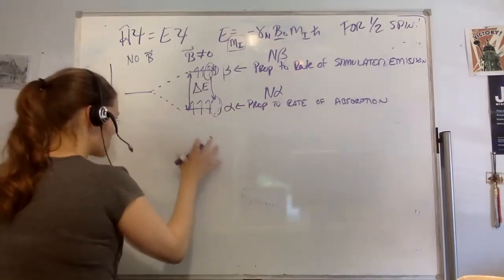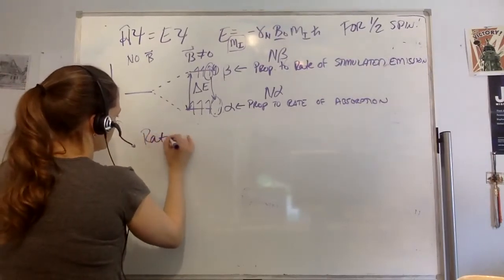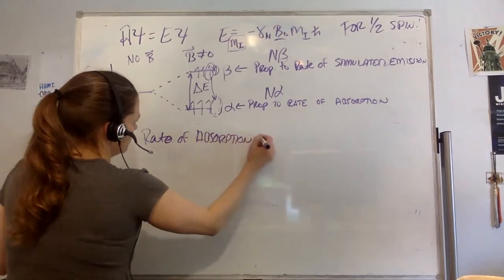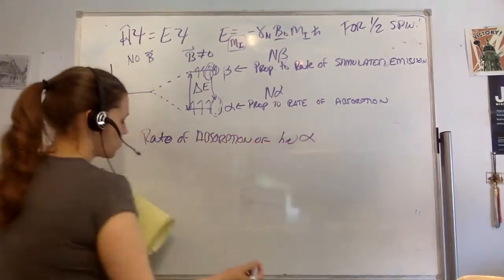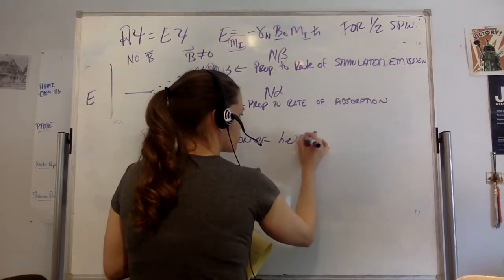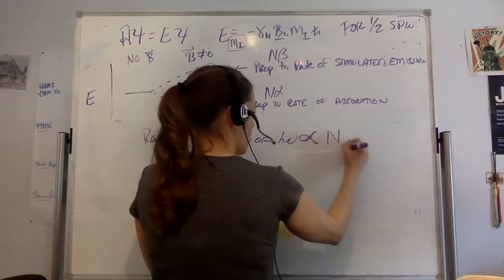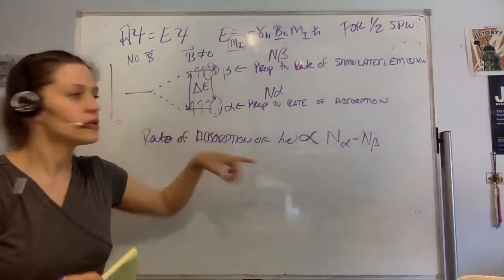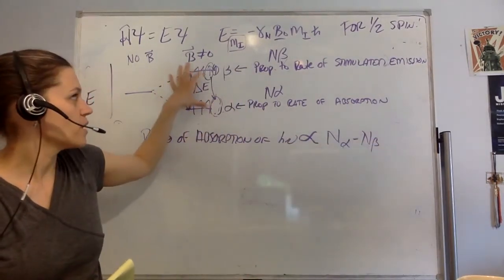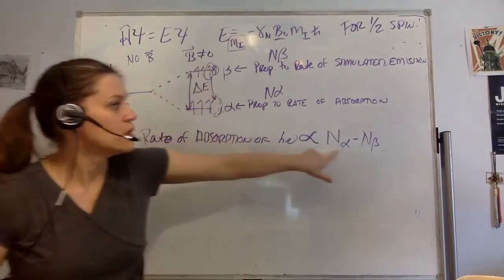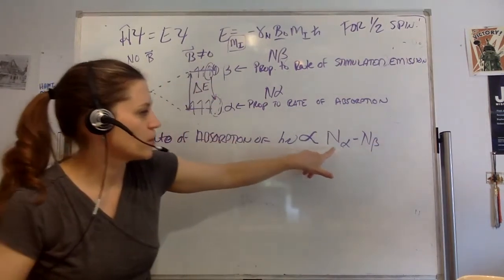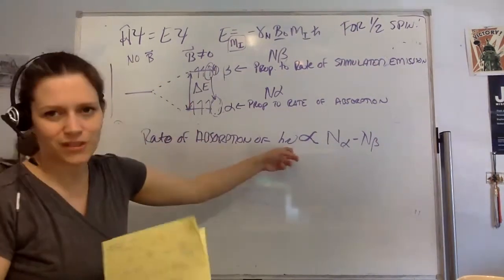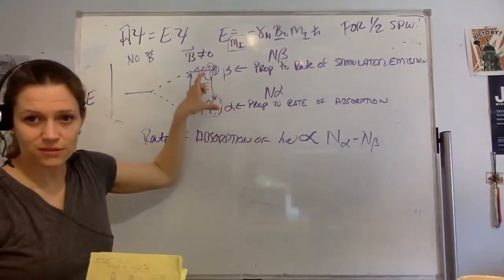The rate of having the resonance condition is proportional to the difference between N alpha minus N beta. Only if you have a slight difference between the numbers occupying the alpha and beta states will your resonance condition be met, under the condition that you've got the right frequency for the spacing.